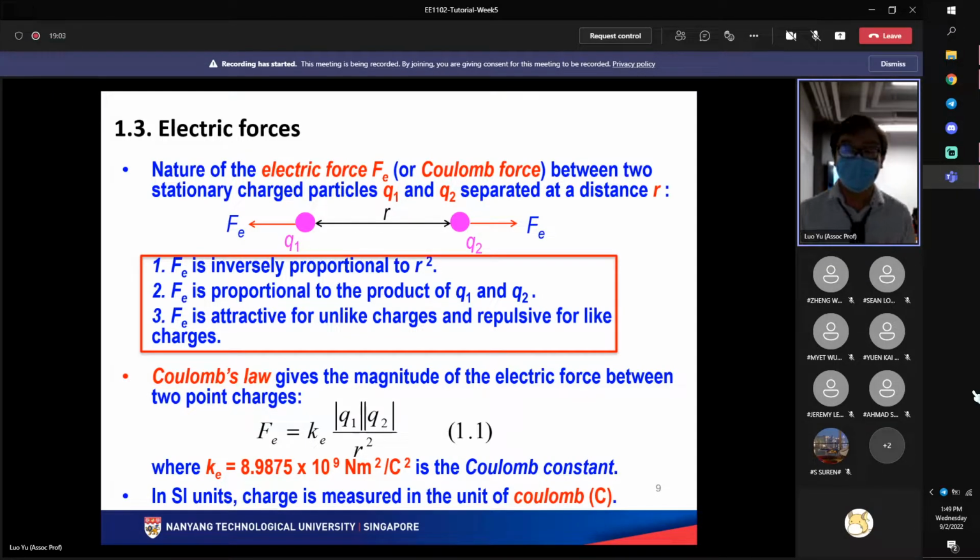The last part is related to the direction. Attractive for unlike charges. If Q1, Q2 have different signs, that will be an attractive force. On the other hand, if Q1, Q2 have the same sign, we will have a repulsive force. So 3 properties and 1 formula. Any question here?